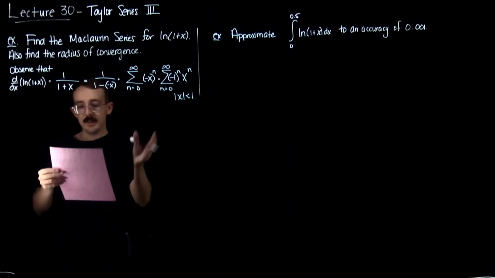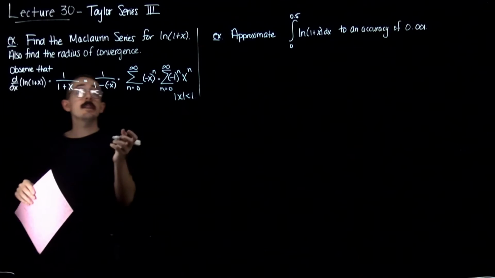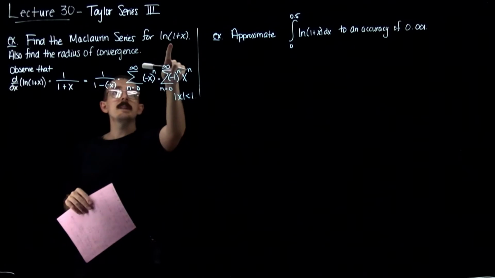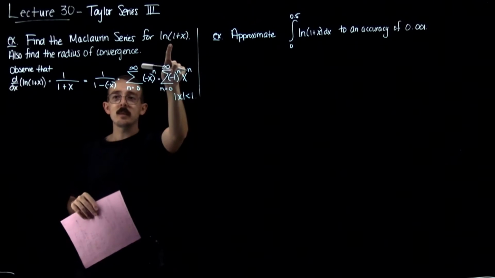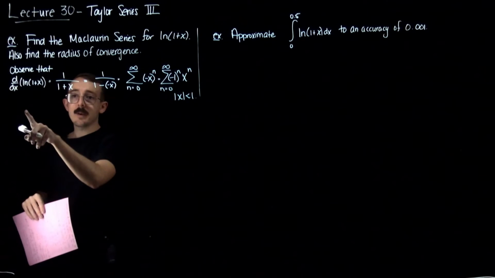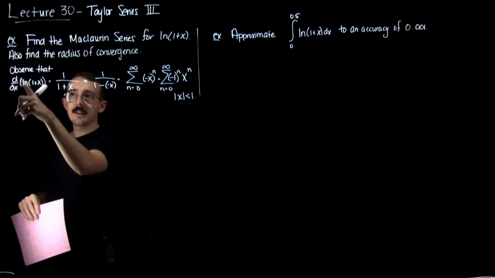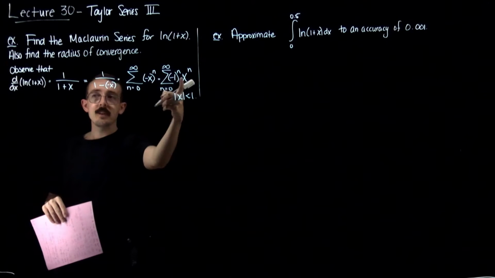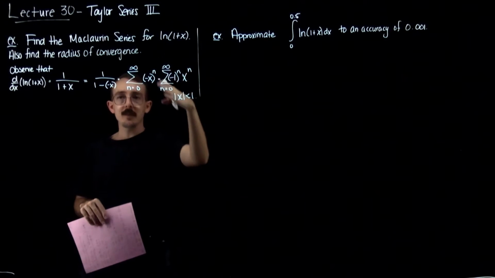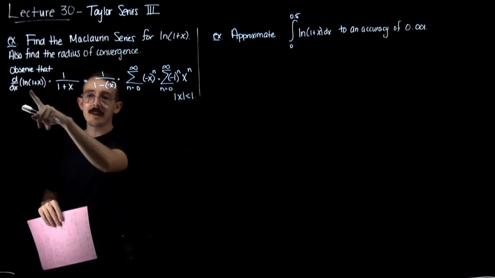OK, so now that we have this, what I'd really like to do is figure out, well, what is the series for ln of 1 plus x? So to go from here to ln of 1 plus x, you would have to integrate this. Because if I differentiate and get this, then that would imply that the integral of this gets me back to where I started.